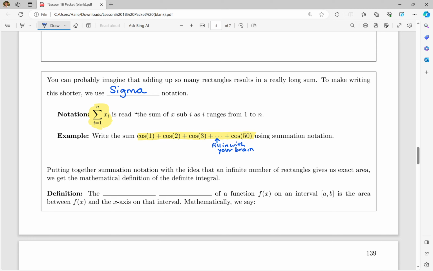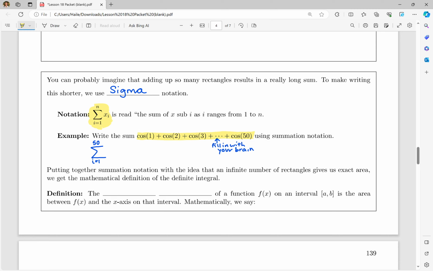So what we're going to do is first write our sigma, and decide what our bounds should be. I'm noticing the thing that's changing in this sum is the thing that's plugged into cosine. We start at 1 and we end at 50, so I'm going to make that my bounds. So i equals 1 to 50, and now I need to write a formula for each of my terms so that when I plug in the numbers 1 through 50, I get this exact sum.